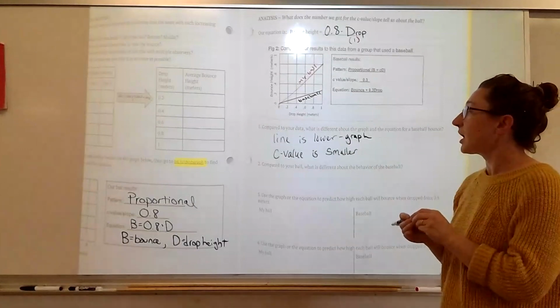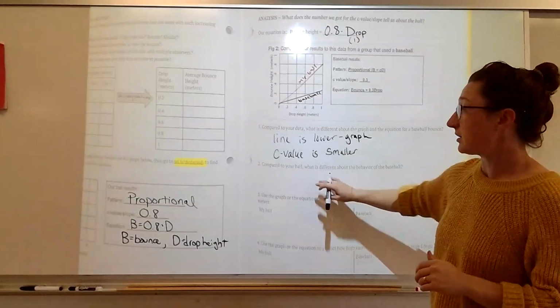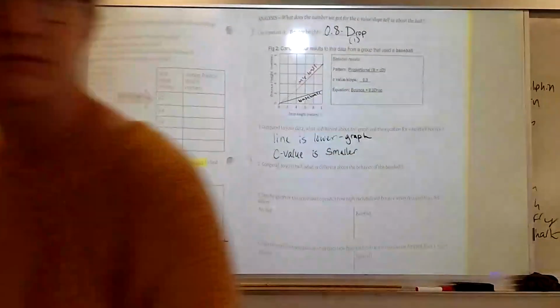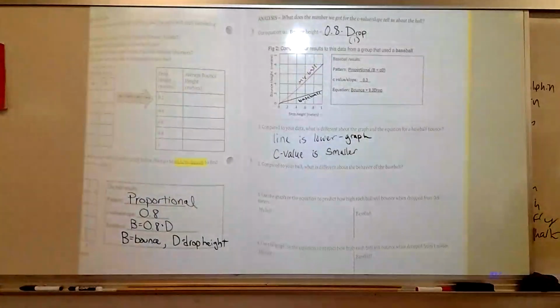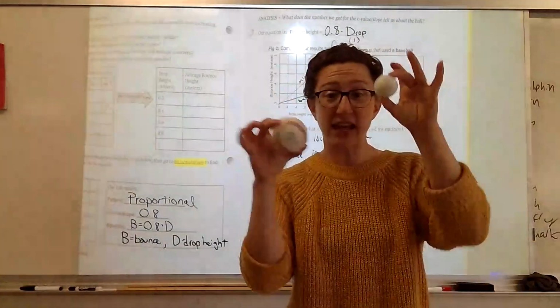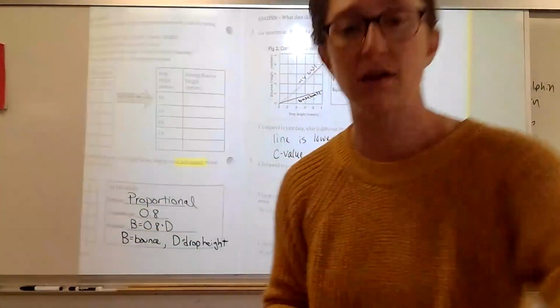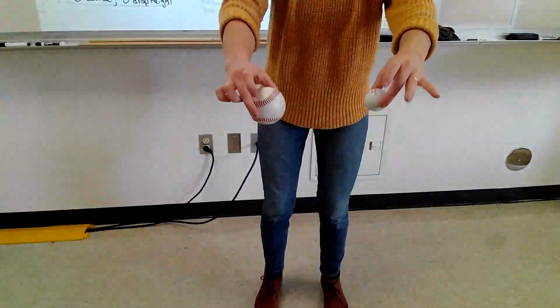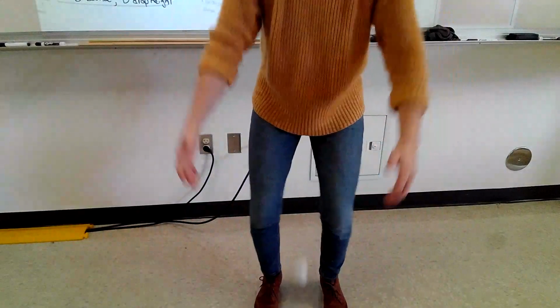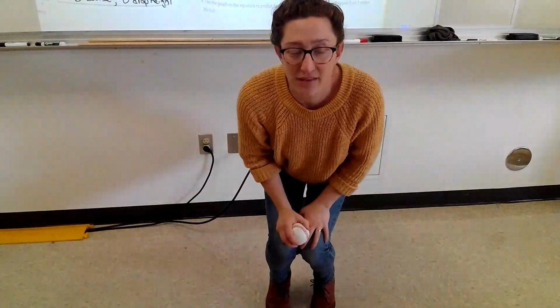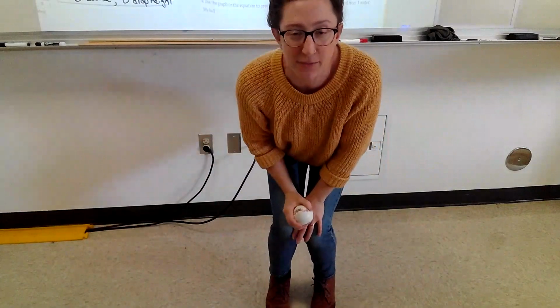We'll see. Compared to your ball, what is different about the behavior of the baseball? Well, let's just pretend like I had the golf ball and here's the baseball. If I drop these on the ground, you didn't even see the baseball come up because it didn't even make it into the camera.